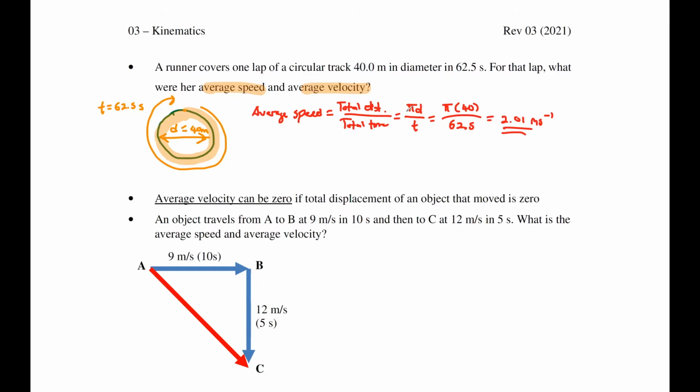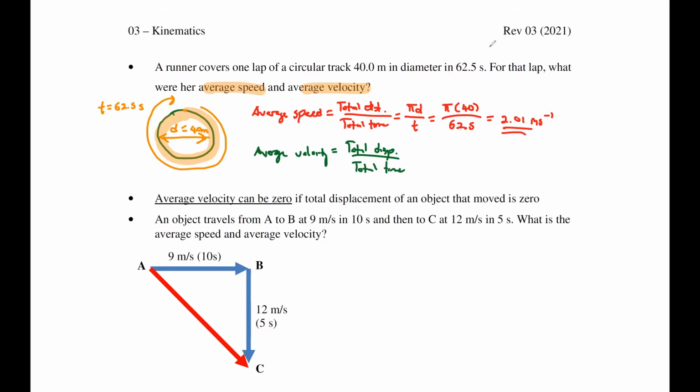Now, on the other hand, if you want to calculate out the average velocity based on the definition in the previous page, it will be total displacement over total time.